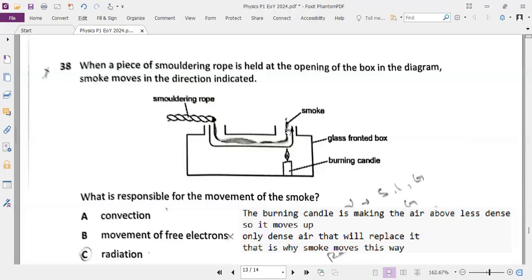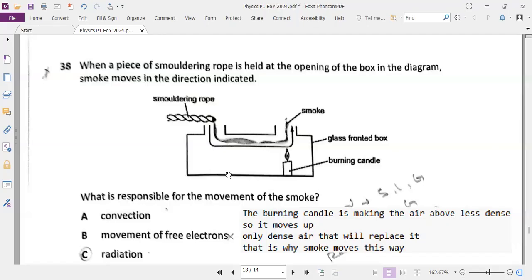Why will it go out this way? Why no other place? Because look at the air, it is moving like this. So in order to replace this air, air has to come from here. Here we have smoke, so that's why the smoke is coming down. Remember in convection, if you heat something at the top, the bottom will still be denser and will not move up.